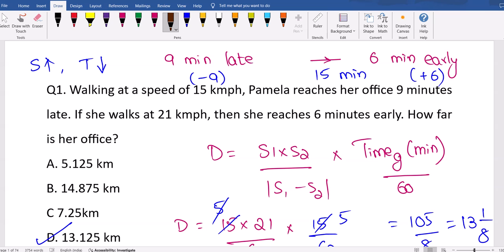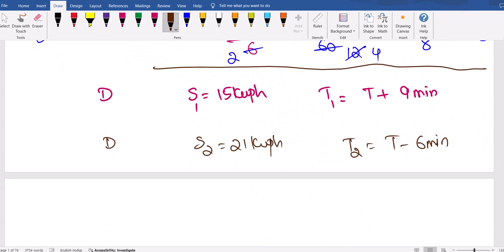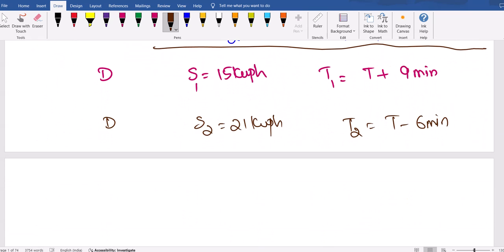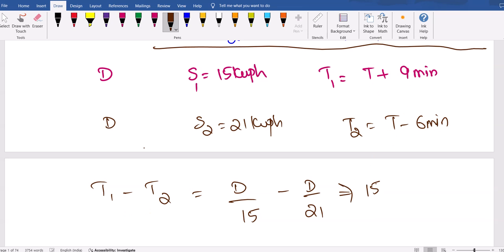Now we can simply perform T1 minus T2. The first timing minus the second timing is distance d over the first speed 15, minus d over the second speed 21, since time is distance by speed. Now if you subtract T1 minus T2, the t's get cancelled, and 9 minus of minus 6 gives 15 minutes.